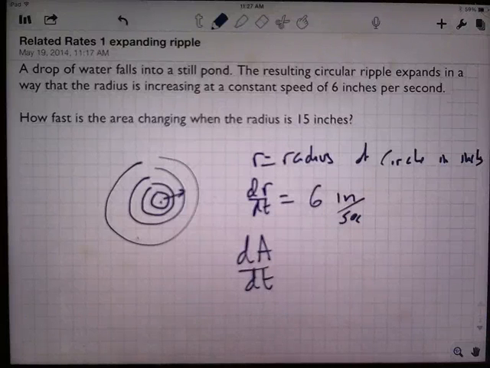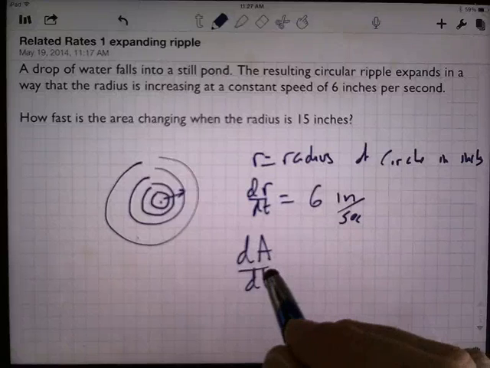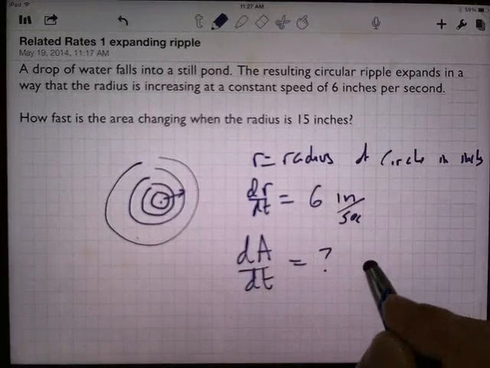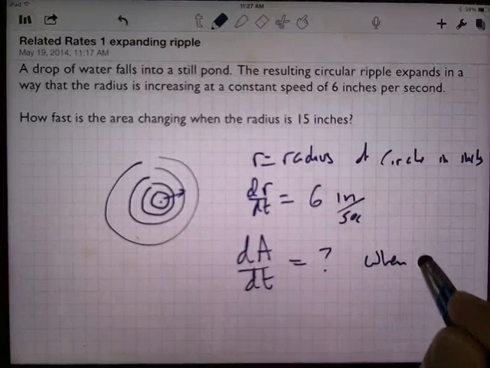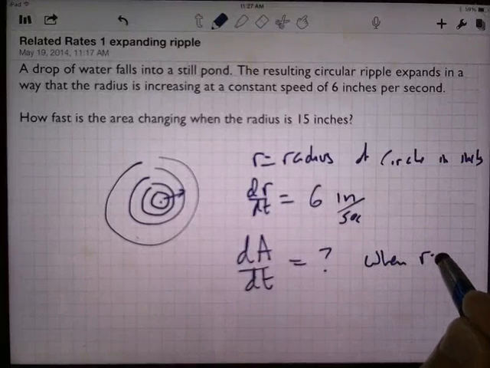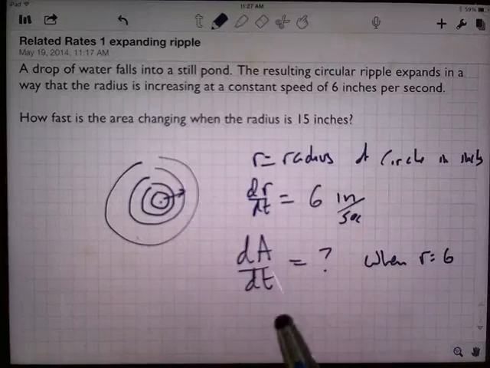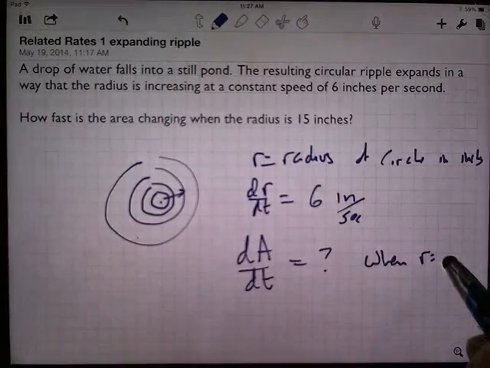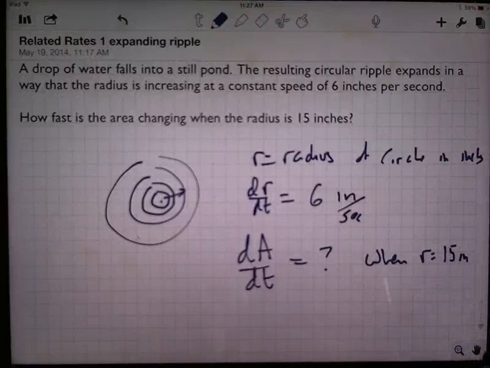So they're both functions of time, and I'm asking how they're changing, so I'm asking about the derivatives of those functions, right? dA/dt is equal to what when r is 15 inches.